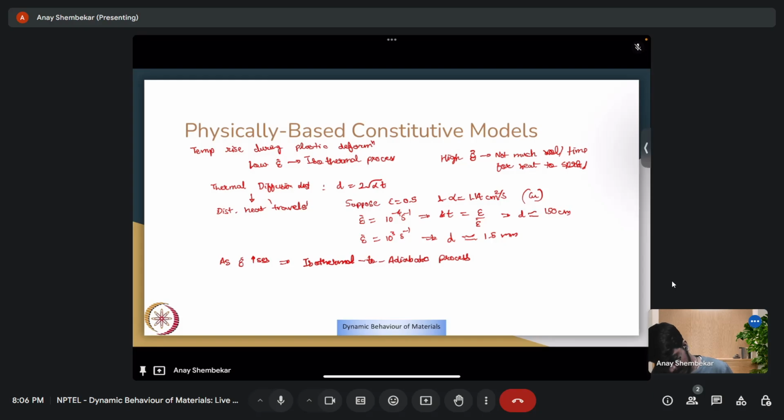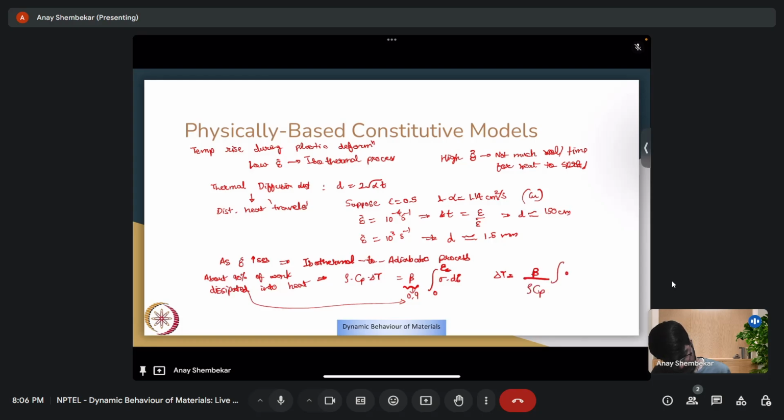And in this case, about 90% of work is dissipated into heat, which means that rho Cp delta T is beta, which is basically 0.9 here, 90% into sigma d epsilon, which means delta T is beta by rho Cp into strain energy density.